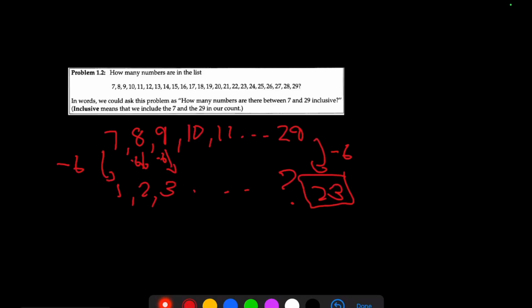So let's try generalizing this. How would this work for any two random numbers? We're given two positive numbers, a and b, with b greater than a, and we have to find how many numbers are between them. Starting with a, you have a plus 1, a plus 2, up until b. As in the last problem, we want to start with 1 and end with some number. What do we subtract?